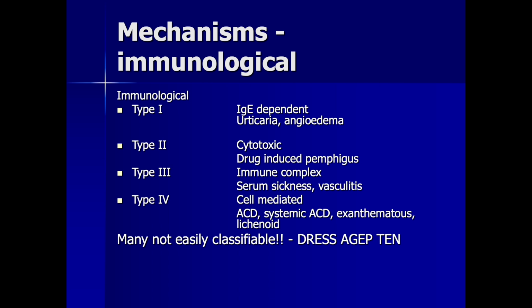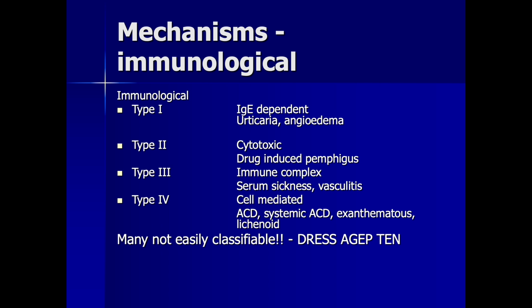Type 3 immunological reactions, this is immune complex disease, and this produces a condition called serum sickness, and the cutaneous lesions seen in this are vasculitic. Type 4, cell-mediated immunity, well, the paradigm here is allergic contact dermatitis. So many topical medicaments can produce an allergic contact dermatitis.